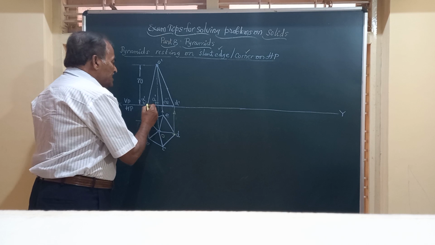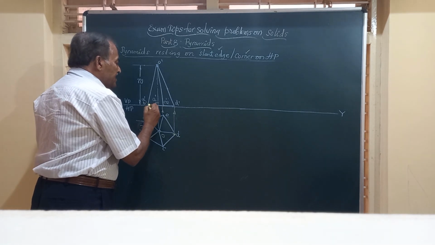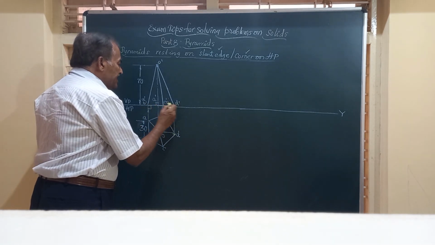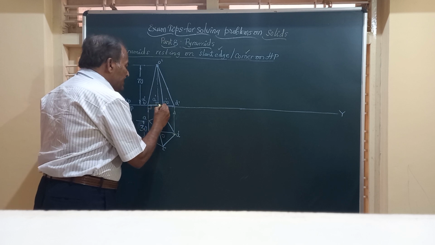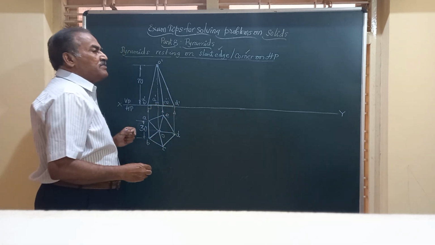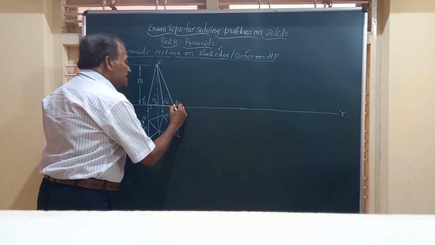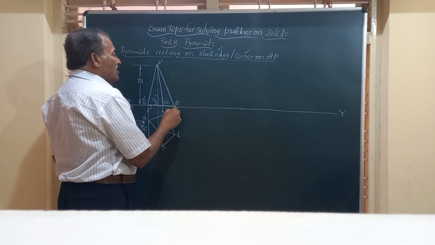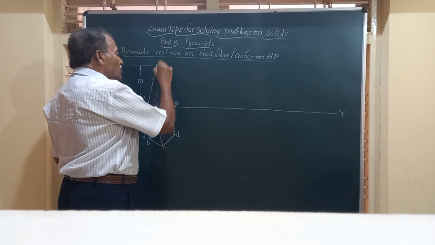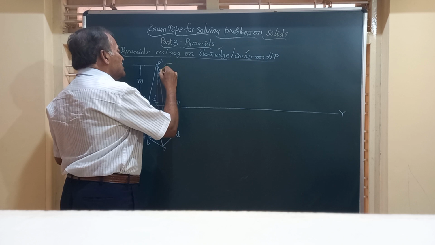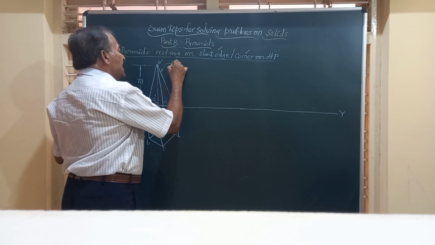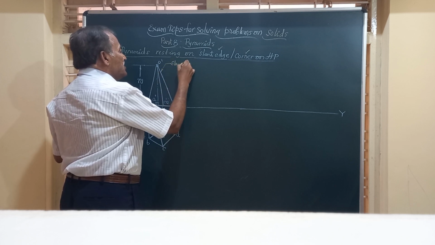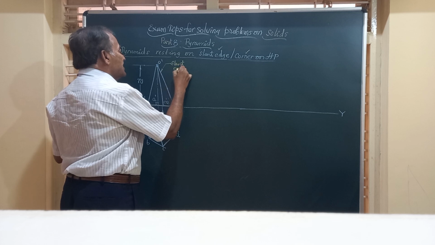So friends, this line A dash, B dash, C dash, E dash on XY represents the base of the solid. D dash is a corner, and this O dash D dash represents one of the slant edges. Out of the five, this is one of the slant edges.